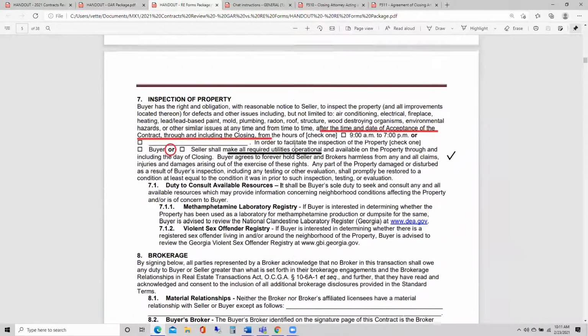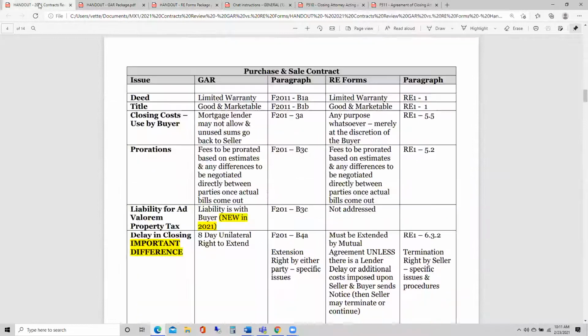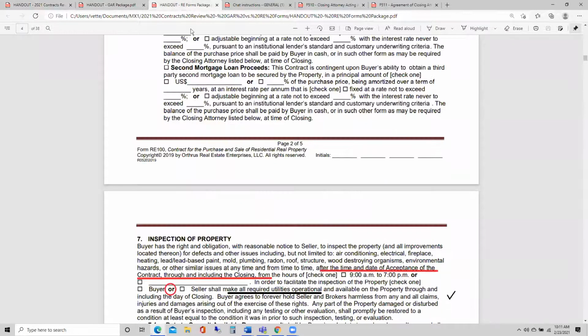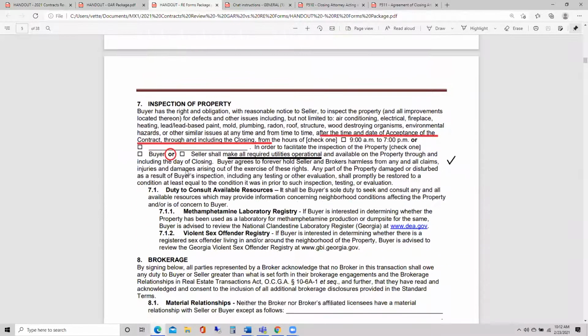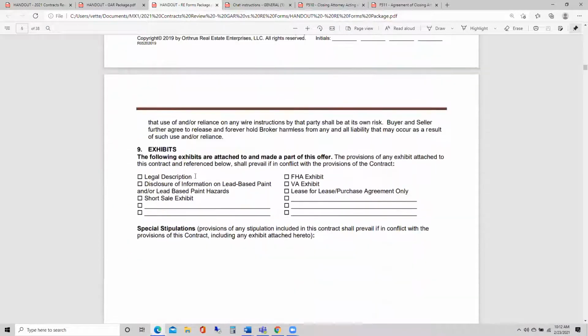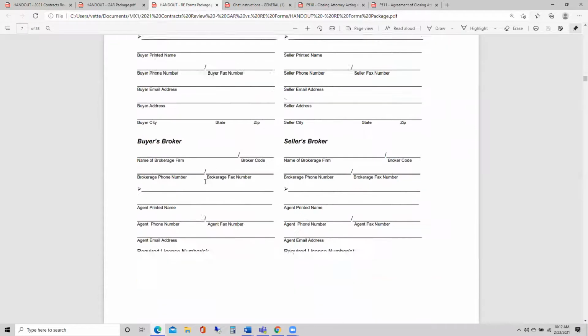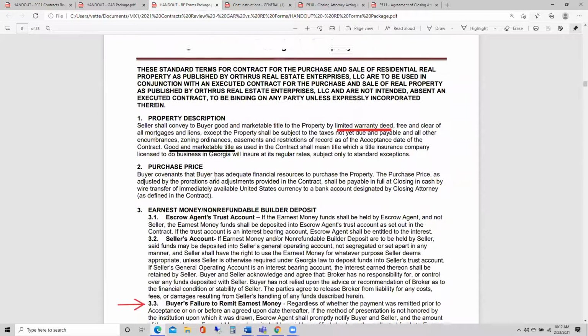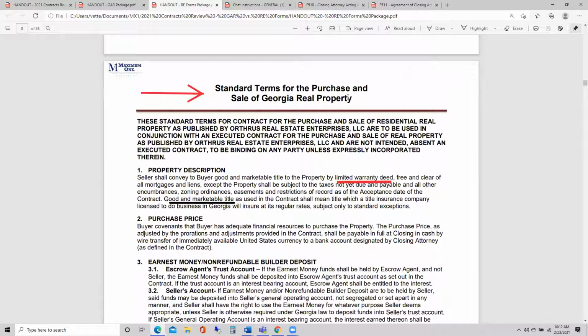In the RE Forms contract package, let me see where that is. It is not in the actual purchase and sale agreement, which is RE 100, but the type of title that is conveyed and the definition of it is in the standard terms, which is RE1.